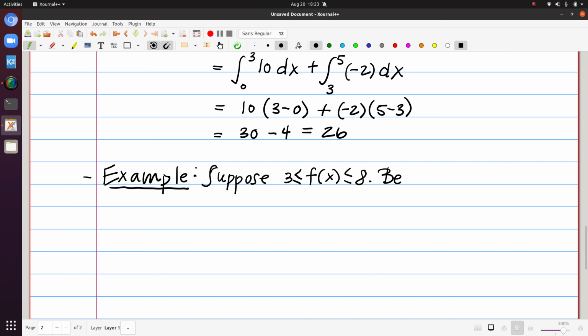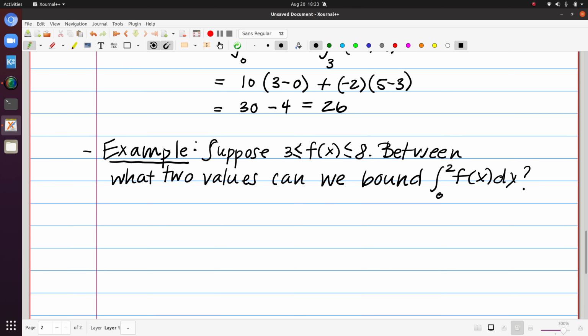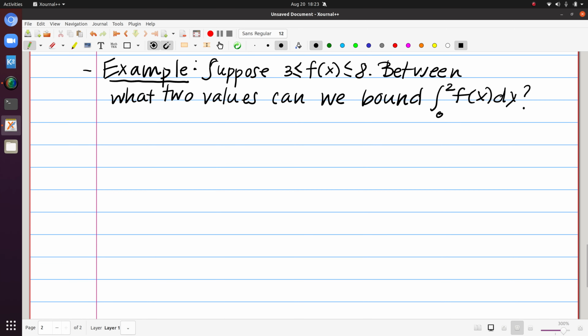Then my question here is, between what two values can we bound the integral from 0 to 2 of f of x? So, considering the bounds on the function f, how does that give us bounds on the integral?